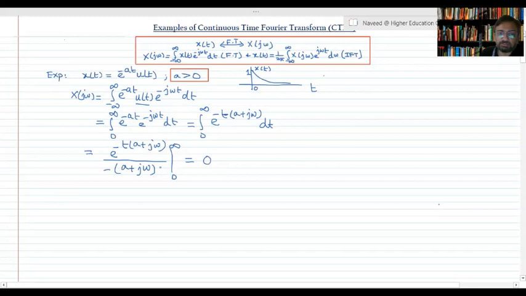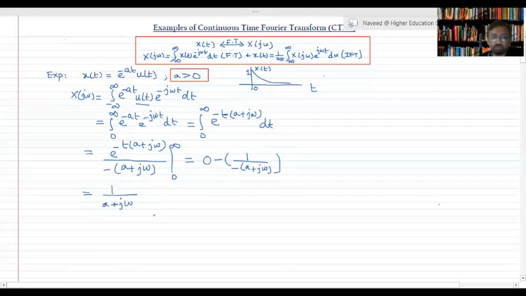And when we put t equal to 0 in the exponent, the numerator becomes 1. So minus 1 divided by minus (a plus j omega). So here we have it. The Fourier transform is 1 over a plus j omega.